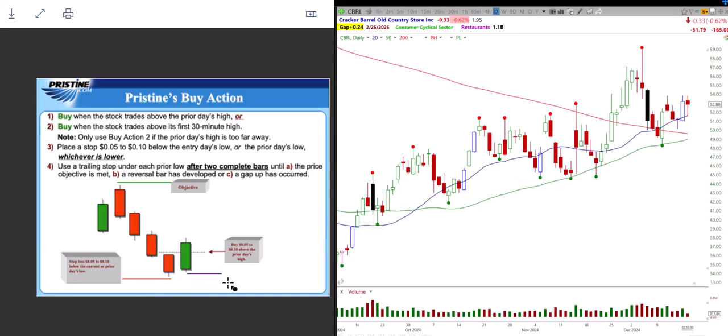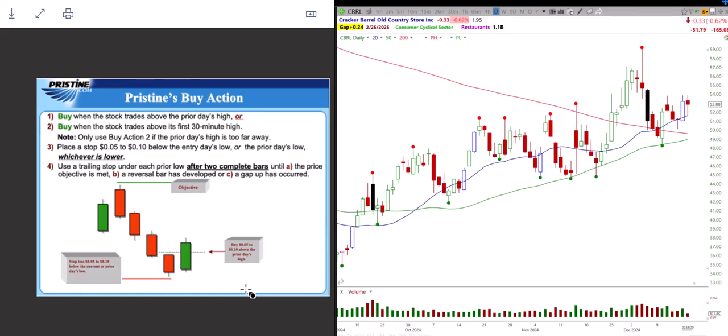It opens up slightly higher, and then it takes it out. And now if you think this is just going to close green, because this slide shows it that way, that's an assumption that it's going to close green. You don't know it's going to close green until the end of the day. Okay? And then you're going to put a stop under this bar's low. You're going to get chopped to death.